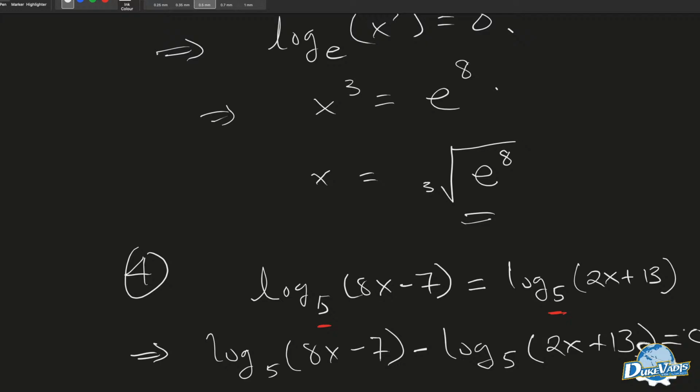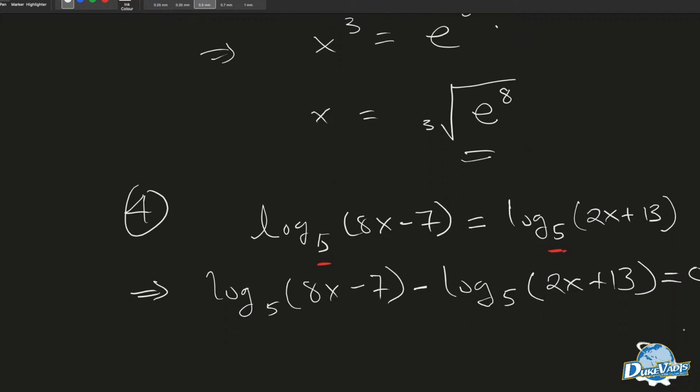Have you seen it? This is equal to 0. That has made the equation so easy. As I said earlier, the bases are the same. Since we see logarithms over here, we have to remember some of the properties that we've learned over the months that we've been working together.